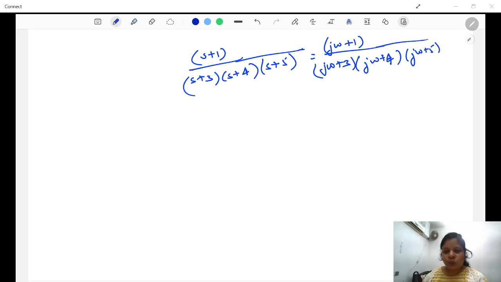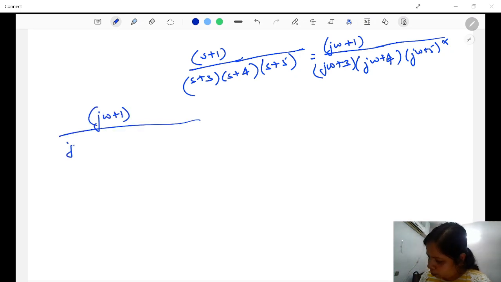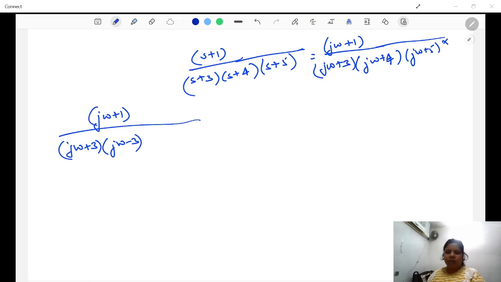Once you convert it, multiply the denominator by the conjugate. So you'll multiply by j omega minus 3, right? So you'll get rid of any imaginary part in the denominator.